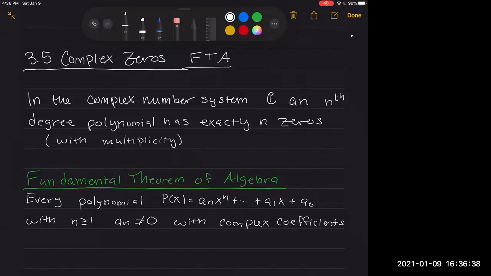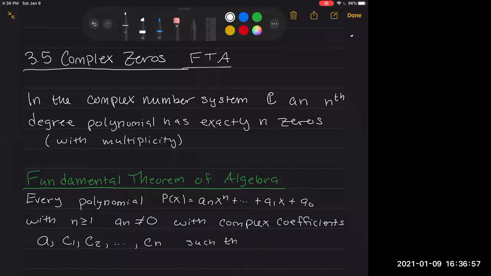Remember, a real number like 6 is still a complex coefficient. It just has a 0 imaginary part.